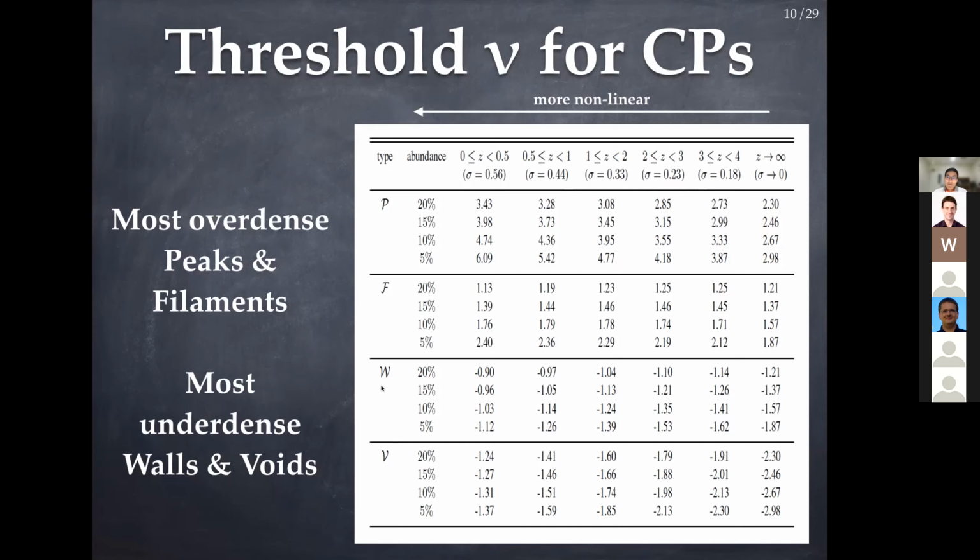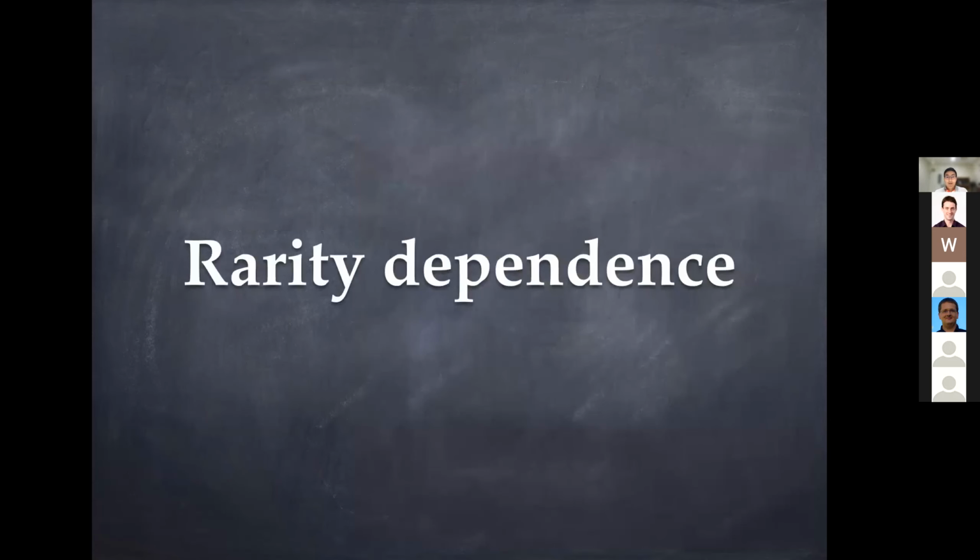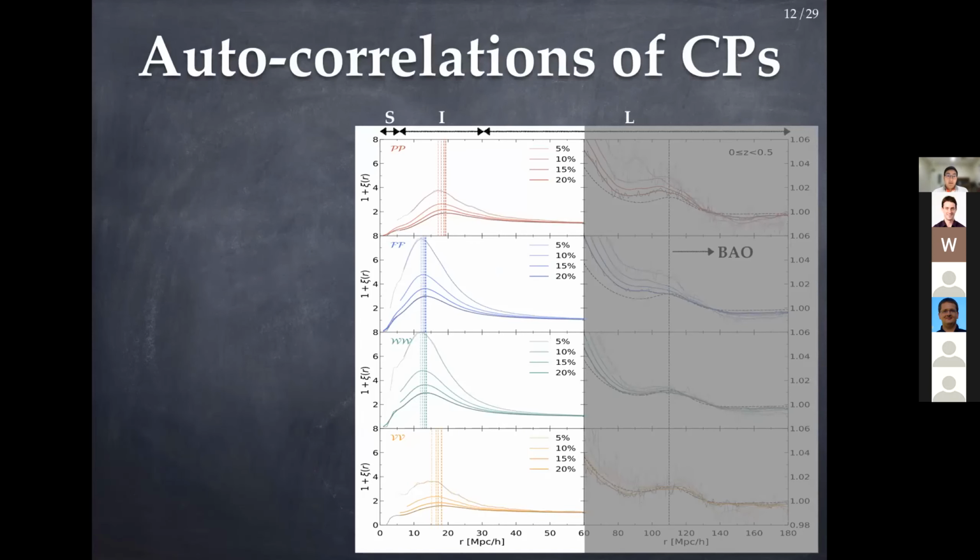So peaks and filaments are sitting at the extreme overdense range, whereas walls and void type critical points are sitting at the opposite underdense range. So using these specific populations of critical points, we now see how the clustering properties of these points change as a function of rarity. So I will first show you how the autocorrelations of critical points change.